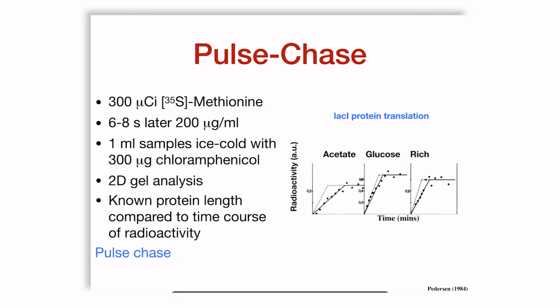Pulse chase involves feeding the cells with a radioactive analog of an amino acid, which has 32 microcuries of 35S, that is the radioactive isotope of methionine, integrated in it. 6 to 8 seconds later, the protein is translated. 1 ml samples are taken ice cold every few minutes, and 2D gel analysis is used to know the time course.